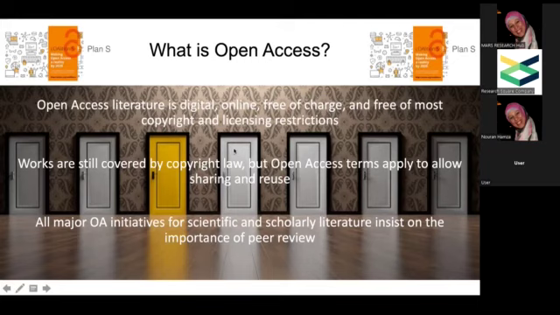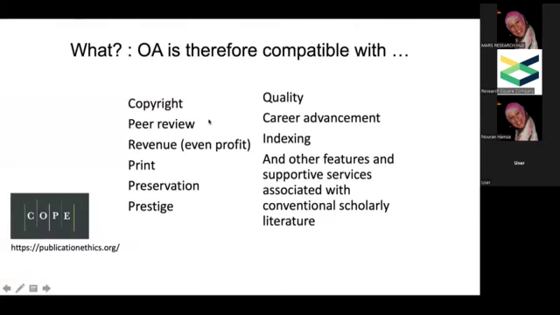When this movement first got going, it was a big shock to the traditional publishing industry. Of course it was, because most of their business model, at least at that time, was based upon institutions and individuals paying a subscription to access online content.